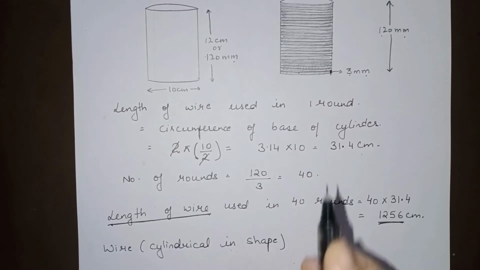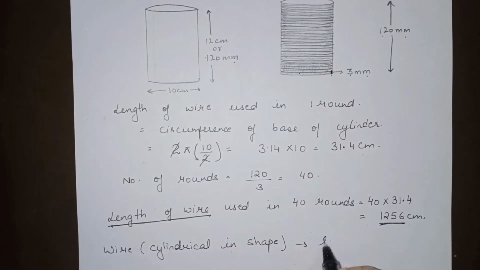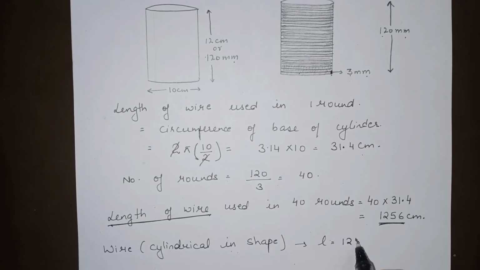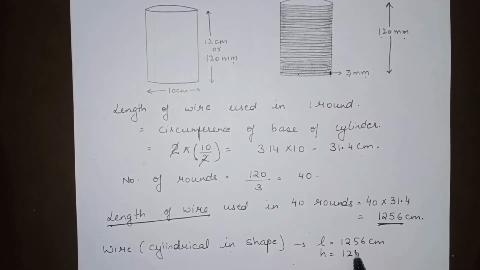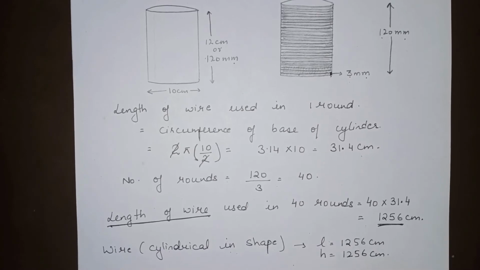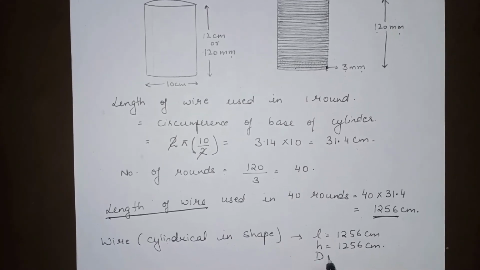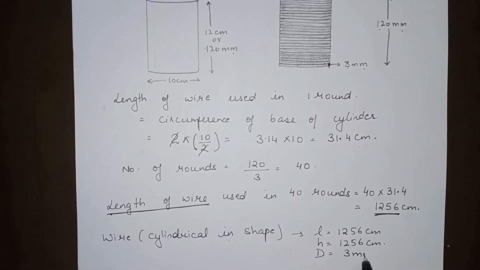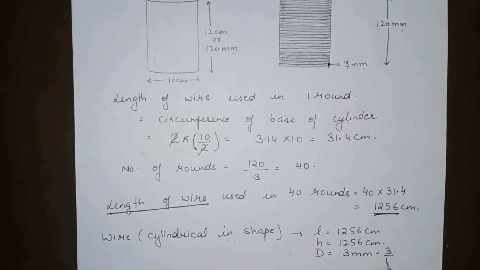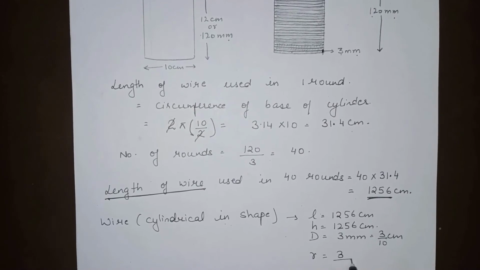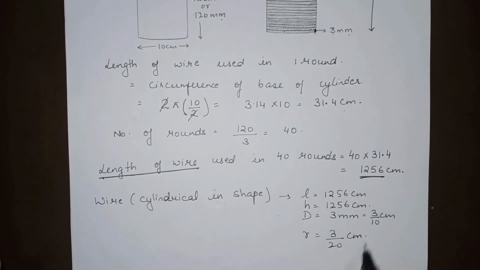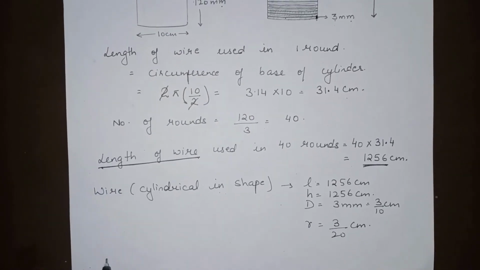Now for this given wire, length of the wire is 1256 centimeter, which becomes the height of this cylinder, and diameter is given to be 3 millimeter, which is 3 by 10 centimeter. So radius will be 3 by 20 centimeter. This is for the wire.